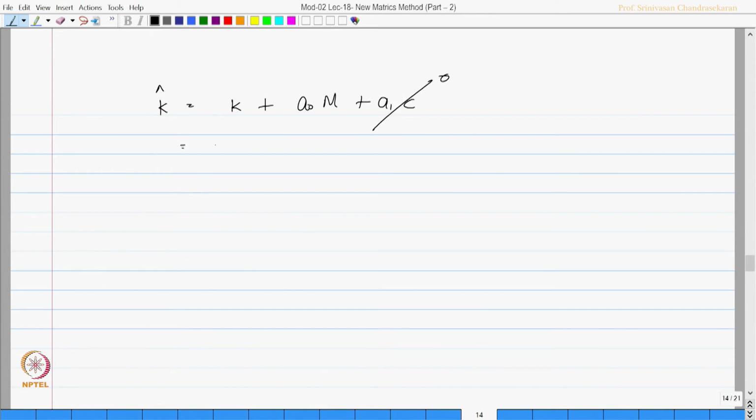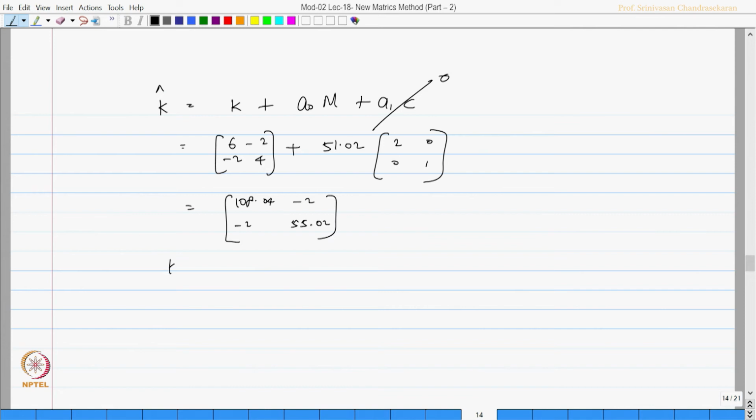So, this is going to be 6 minus 2, minus 2 4, plus A 0, which is 51.02 times the mass matrix, which gives me k hat as 108.04, minus 2, minus 2, 55.02.